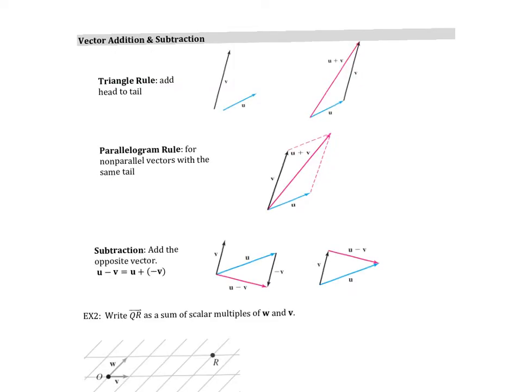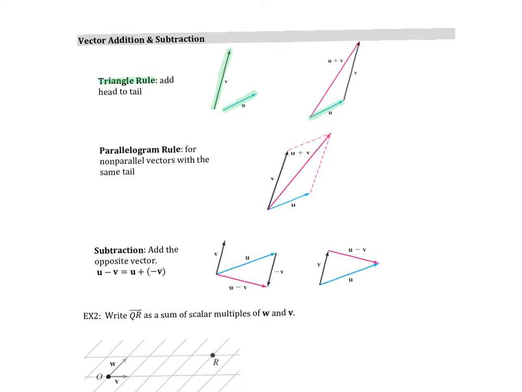So next we're going to talk about vector addition and vector subtraction. The first rule we're going to look at is what we call the triangle rule. That would be a way that we would be adding vectors. So if you have a vector v and a vector u, and you wanted to add u plus v, well, if we start with u, then we're going to look at the tail of u to the head of u.